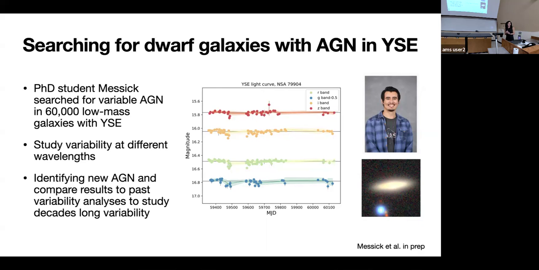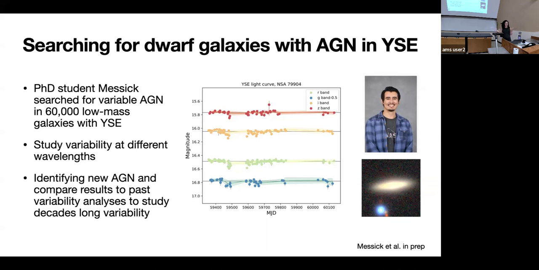So we'll be able to find smaller and weaker black holes. And we're also able to study variability at different wavelengths. These are different bands from G, which is around 4,000 angstroms, to Z band, which is around 8,000 angstroms. So we're able to look at variability at all of these different wavelengths.